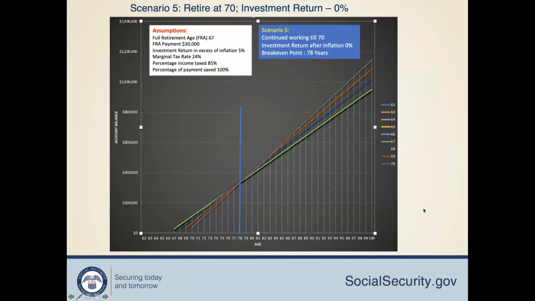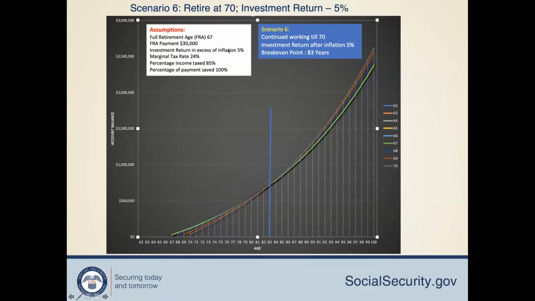And then the last use case is retiring at 70. Retiring here means actually retiring from work, not claiming; claiming I have as a different thing. So you are continuing to work in your office until 70. In that case, if you assume 0%, the break-even is 78, and if you assume 5%, it is 83, right?